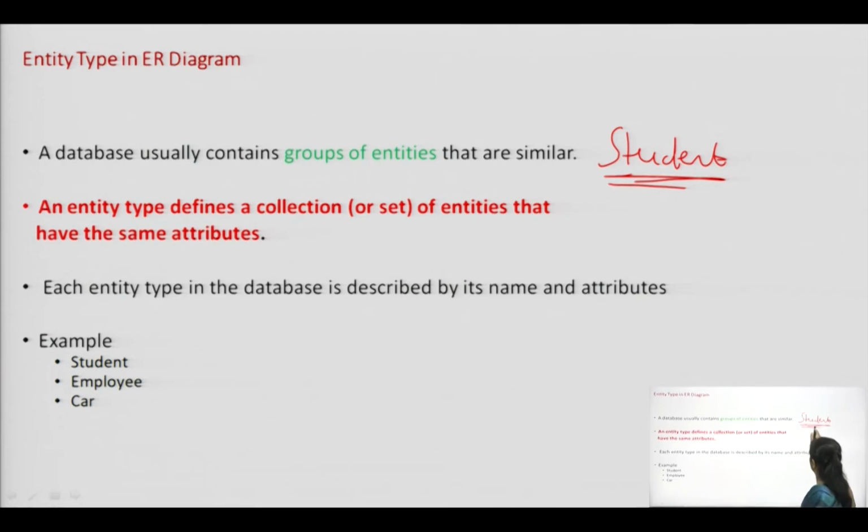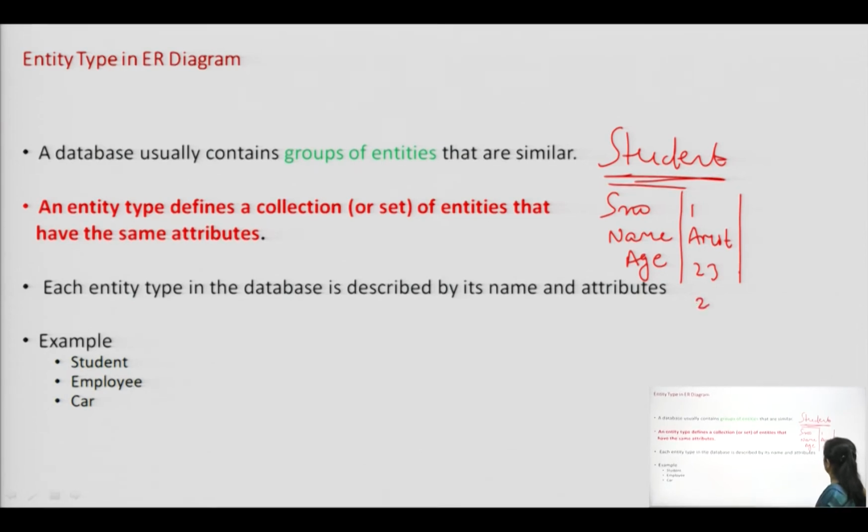For example, for the student, I say the student has a student number, a name and age, which are the attributes that we are using. Then for every student, there will be a number of students. For every student that exists, there will be a student number, there will be a name, there will be an age. Another student, let us say, there will be a student number, a name and an age, and so on.